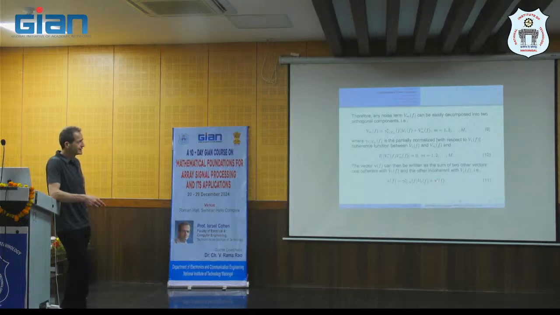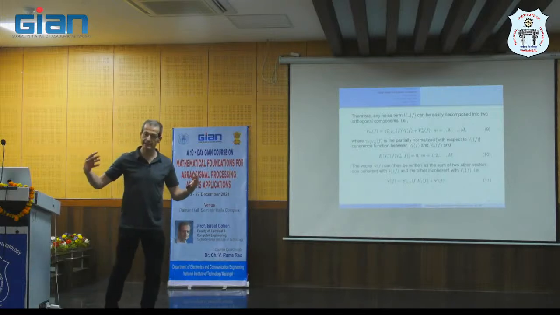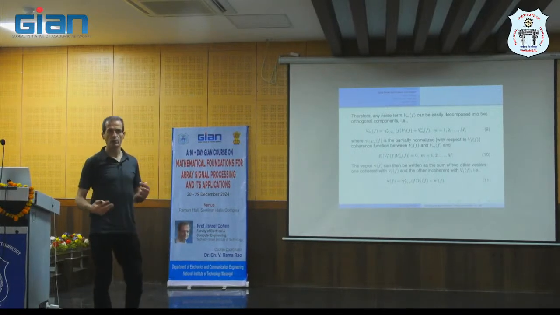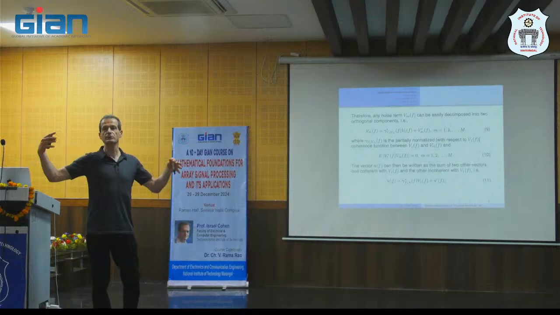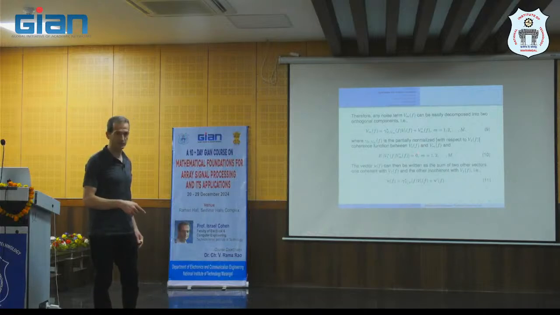You see, this coherence function we can estimate from its correlation. Under which conditions can we estimate it? As long as the noise sources, at least the coherent noise sources, remain in the same directions in space, if they don't move. If they move, I need to track this coherence function.